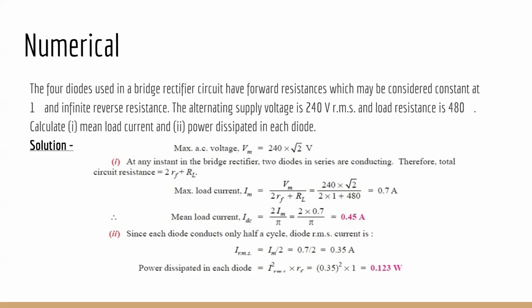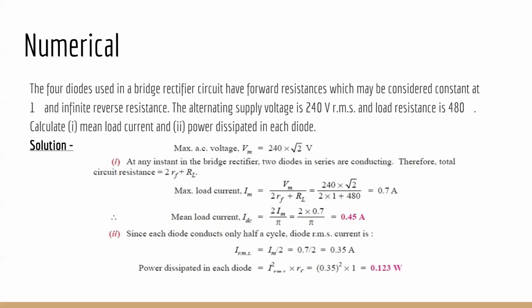Firstly, we have to calculate the maximum AC voltage Vm. Vm is equal to Vrms into root 2, where Vrms is equal to 240 volt. At any instant in the bridge rectifier, two diodes in series are conducting.